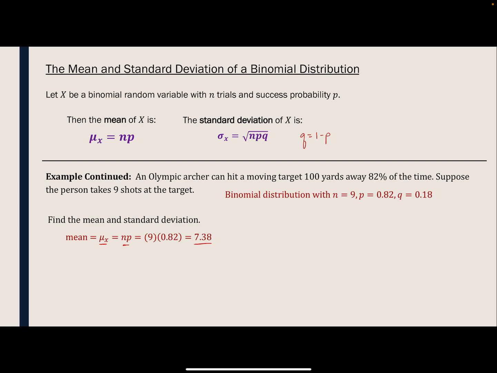Of course, it's not possible for her to hit 7.38 targets. She's either going to hit 7 targets or 8 targets, but not somewhere in between. But this is a mean, meaning that if she's doing this same thing over and over again, what is the average of that? So don't round this to 7. It should stay at 7.38.